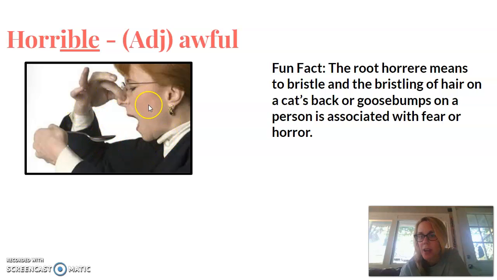It could be described as horrible. A fun fact is that the root horrere means to bristle, and the bristling of hair on a cat's back or goosebumps on a person is associated with fear or horror. Horrible.